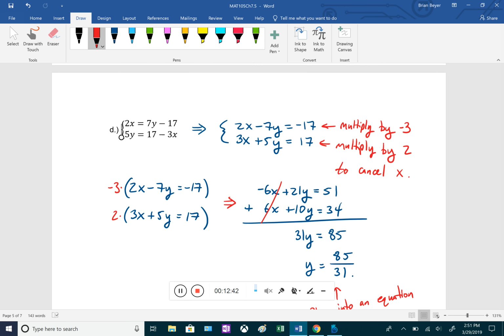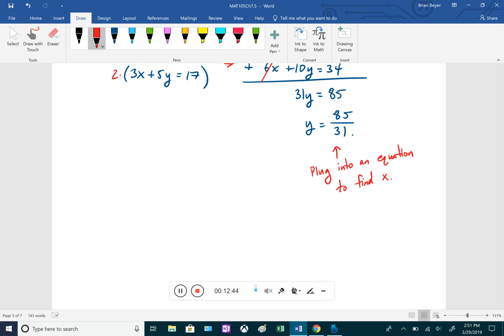Okay, so I'm going to choose that first one because it's already almost solved for x. Do it over here. So it was 2x equals 7y minus 17. So plug in 85 over 31 into y. So it's going to get a little messy.